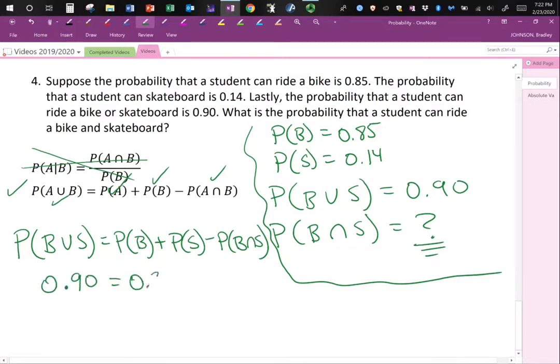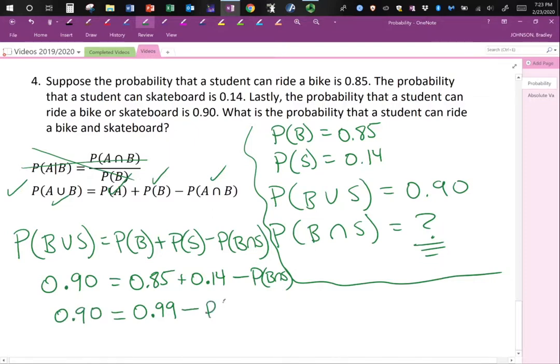Probability of biking, 0.85. Probability of skateboard, 0.14. Minus probability of B intersect S. The probability of biking and skateboarding is what we're looking for. So 0.85 and 0.14. Let's put those together. That would become 0.99. On the left-hand side, we have 0.90.